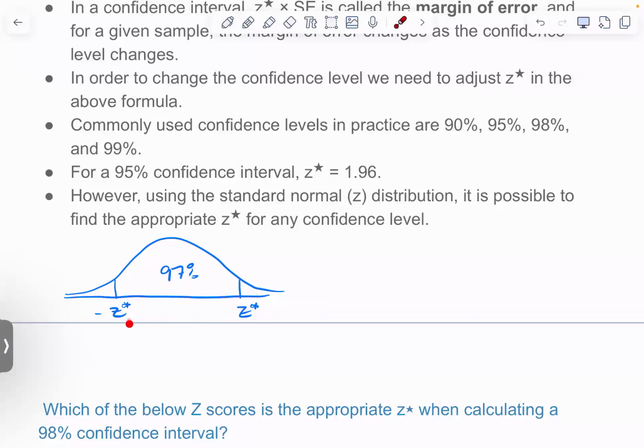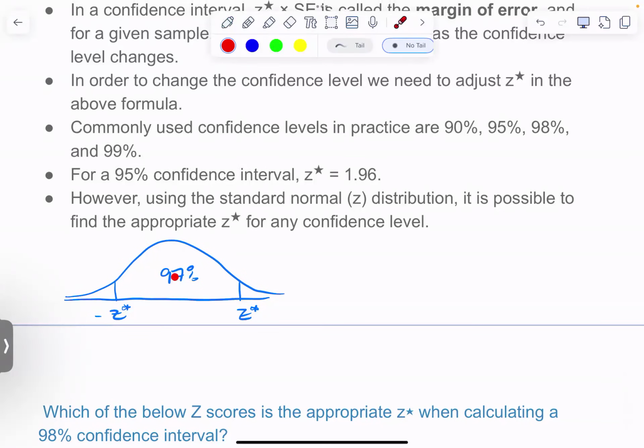We've done work practicing how to find these values already, right? That was before the break, but still. So if I have 97% in the center, that means I have 3% left over, which means I have 1.5% here and 1.5% here.